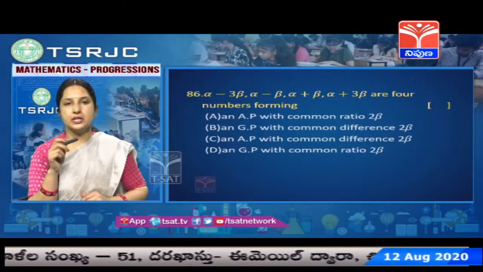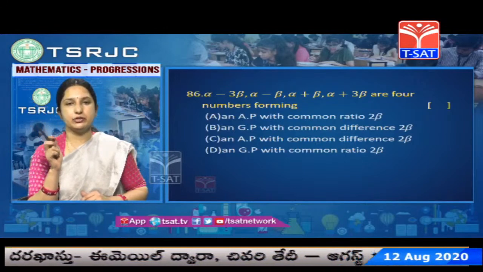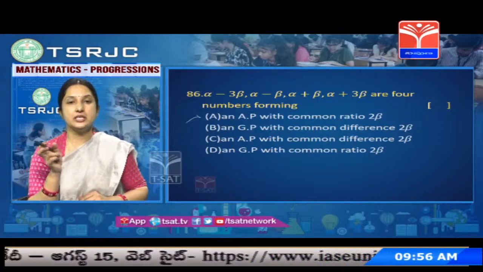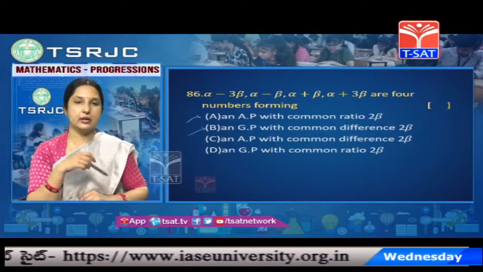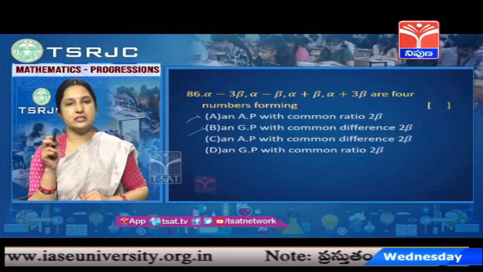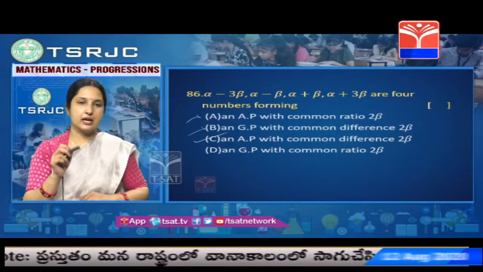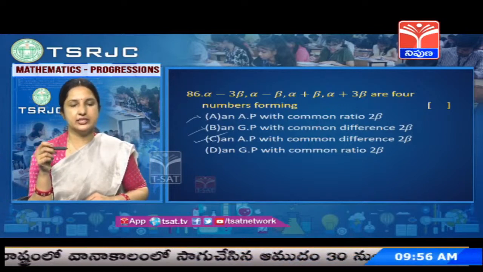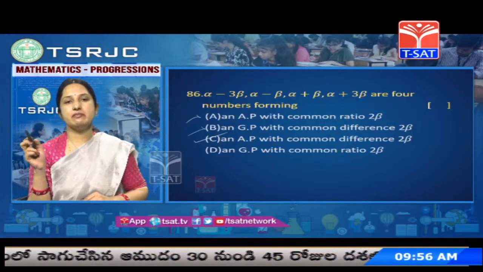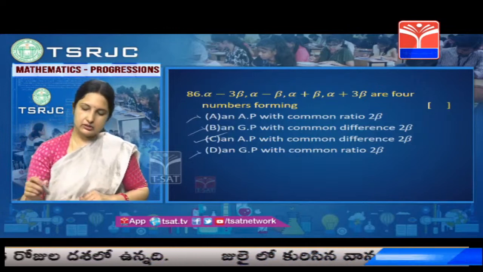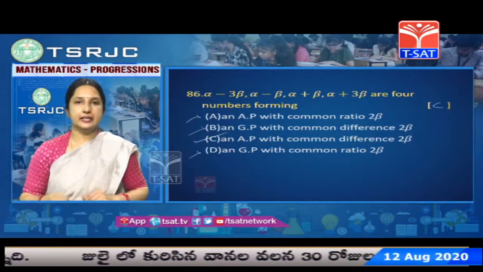In that, the first option says an AP with common ratio annadu kabatti, so it is wrong. And the second option, GP with common difference annadu kabatti, this is also wrong, because it is an AP with common difference, so this option is correct. Then the last one also we will check once, GP with common ratio annadu kabatti, so this is also wrong, so option C is the correct one.